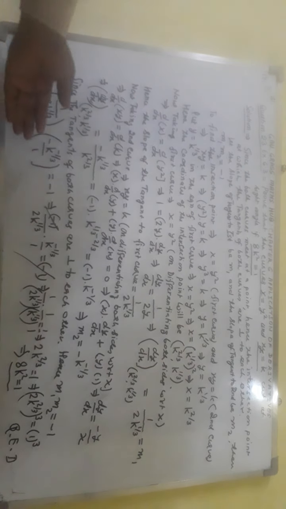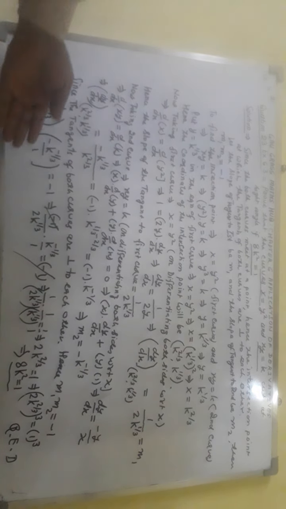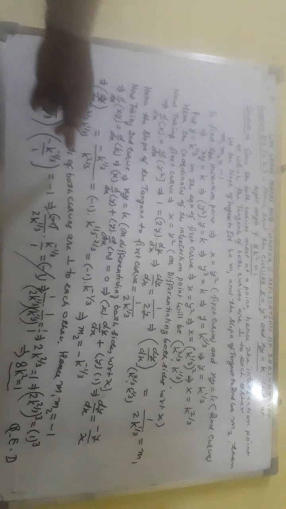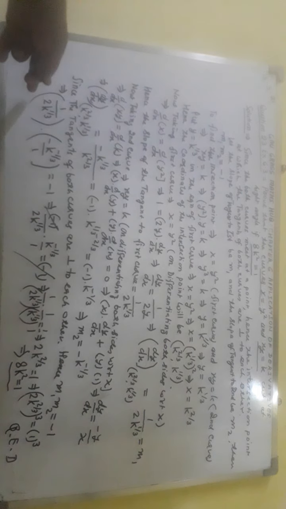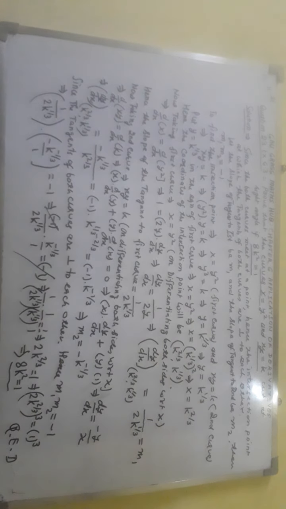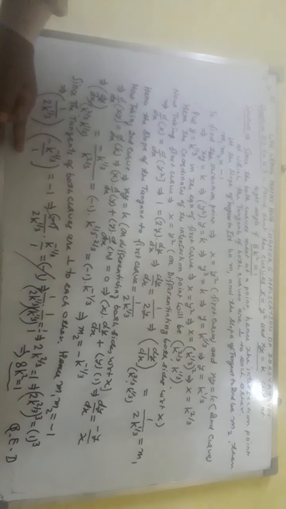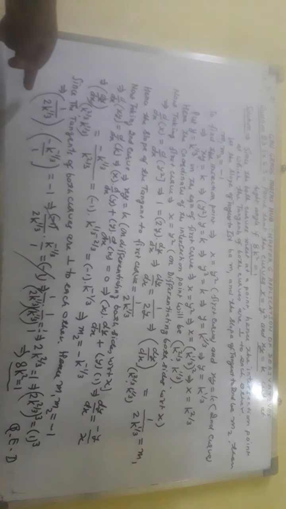In this way the calculation was complicated. That's why I have checked the things from the key points. This is the correct one. The value of M1 is this one. The value of M2 is this one. M1 is the slope of tangent to the first curve.